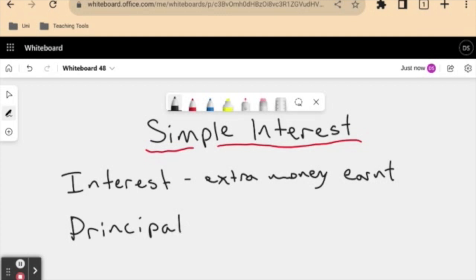So this is the principal amount that we put in. So that's pretty much the money we start with. So say I put maybe $2,000 into some high interest account. That's our starting money that we invest. Money invested.